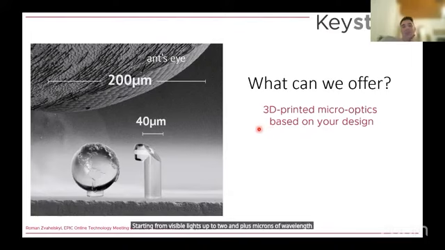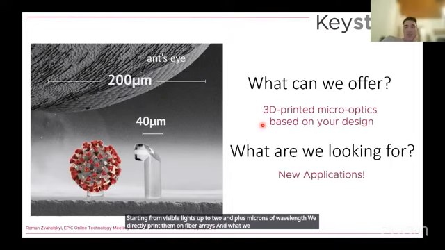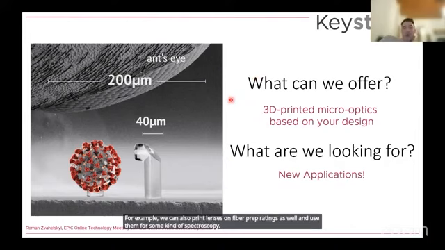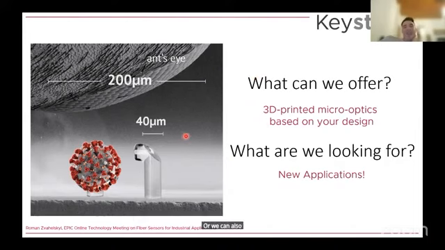We directly print them on fiber arrays, and we do not really want to limit ourselves to wafer level testing, but we are currently looking for new applications. For example, we can also print lenses on fiber Bragg gratings and use them for some kind of spectroscopy. Or we can also study viruses and so on.